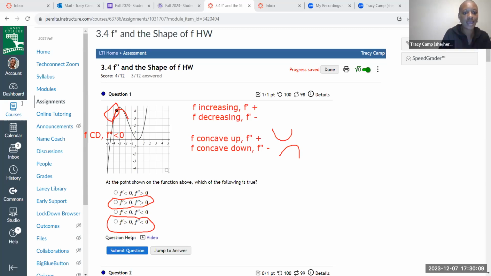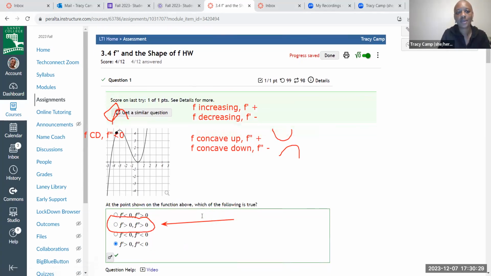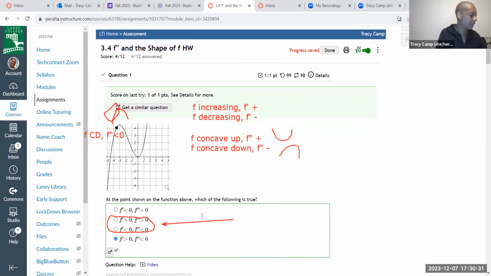And it looks like that one is this one right here. So my answer in this case would get rid of this, and I would mark this one: f prime greater than 0, which means my function's increasing, and f double prime less than 0, which means my function's concave down. And there we go. That's number 1.